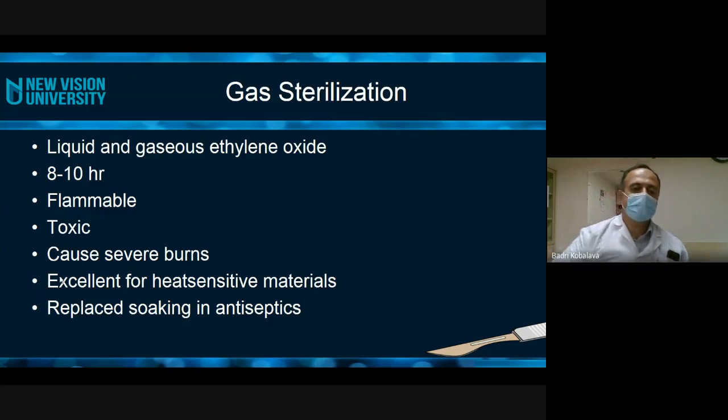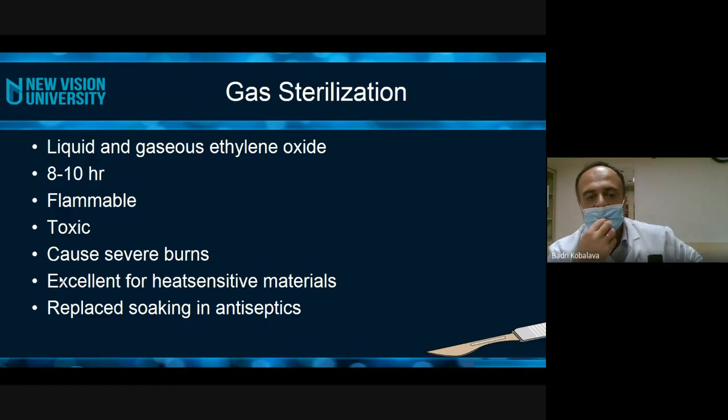But this method is excellent for heat-sensitive materials and instruments, rubber, plastic instruments, cutting instruments, and it replaced soaking in antiseptic solutions in modern operating theaters.